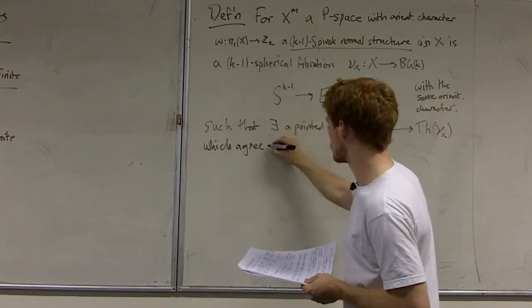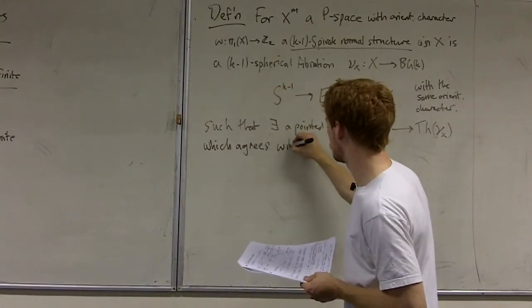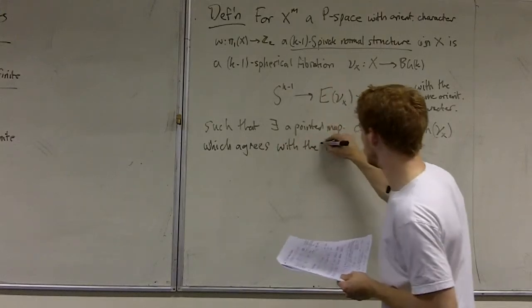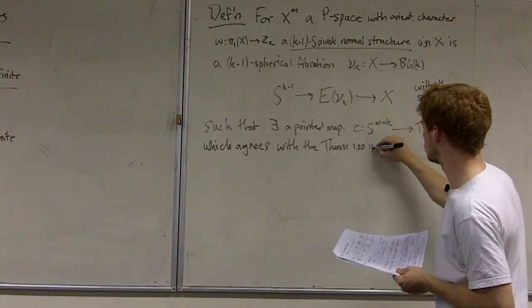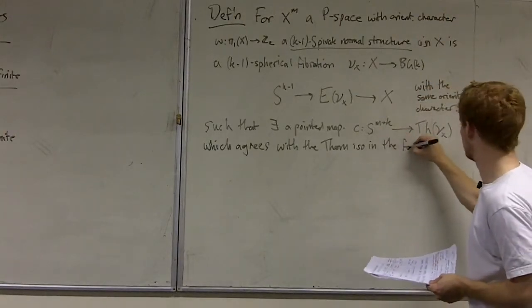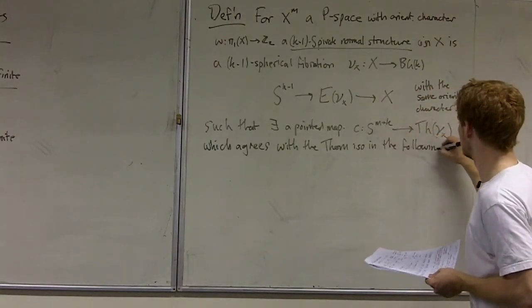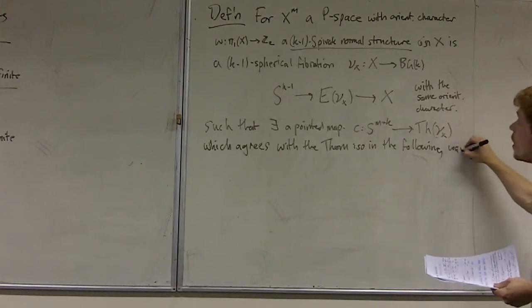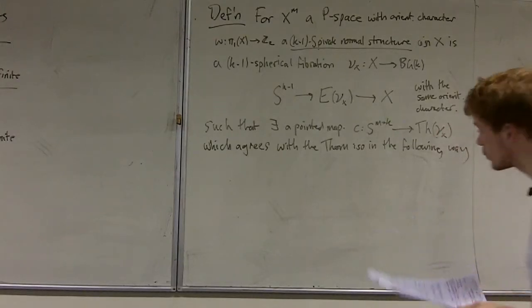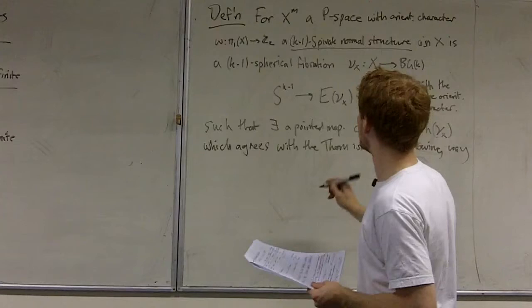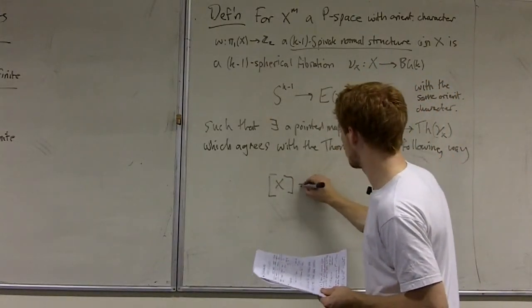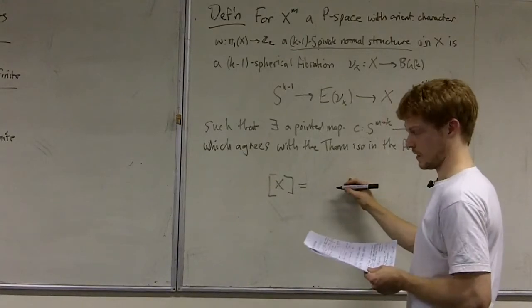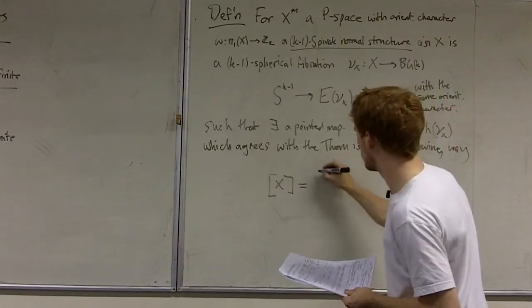So we've got a spherical fibration, so we've got a Thom isomorphism, in the following way. Okay, so it's a Poincaré space, so we've got a fundamental class, and this is going to live inside the nth twisted homology.